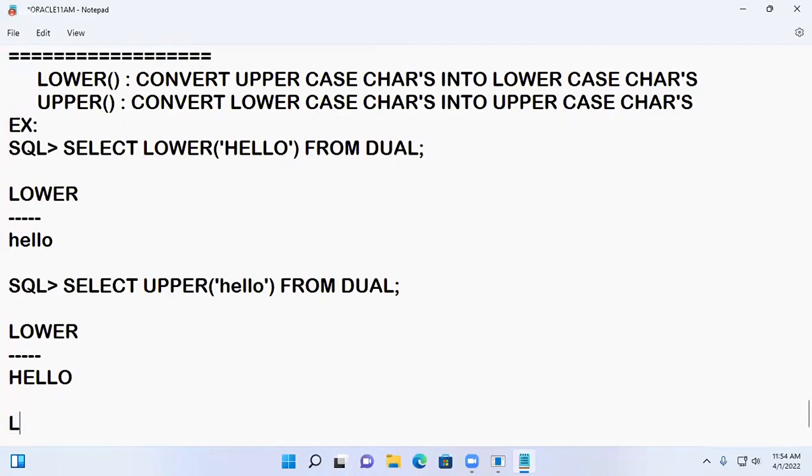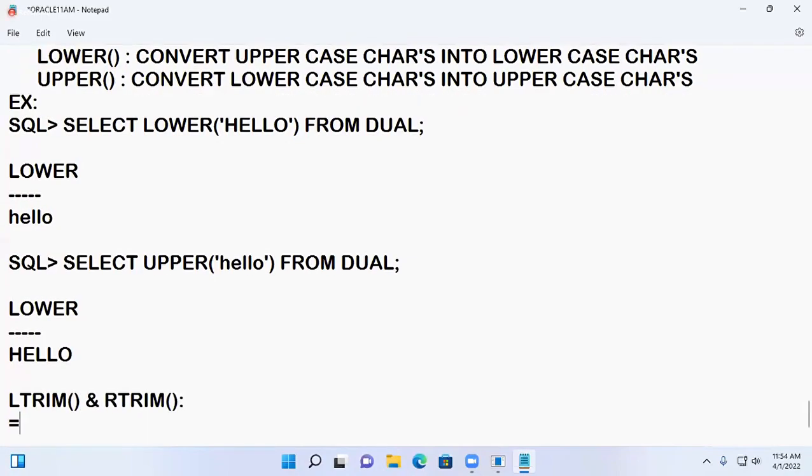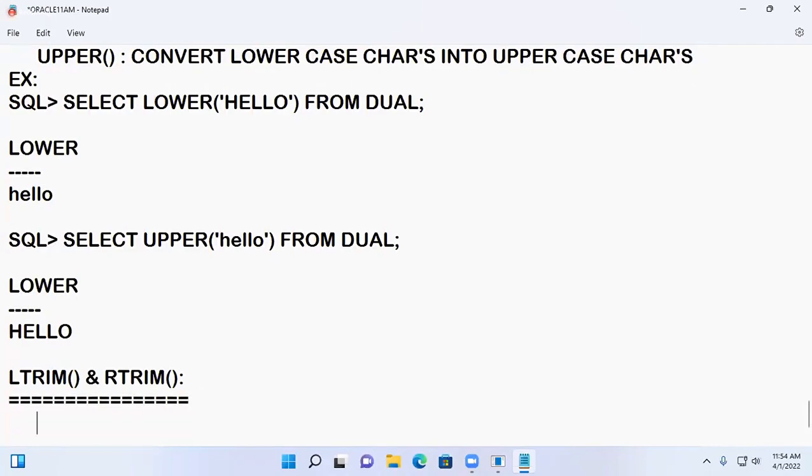And next one is called the ltrim function and rtrim function. So ltrim and rtrim. What are ltrim and rtrim? Here observe. These are pair functions we call, and now trim. Trim is nothing but cutting, yes or no?